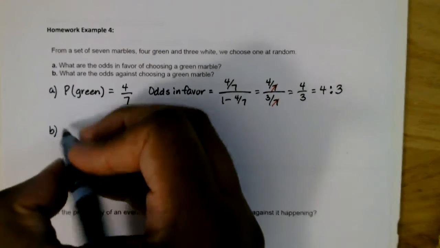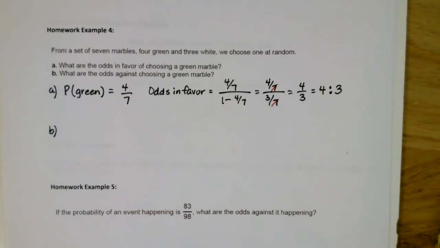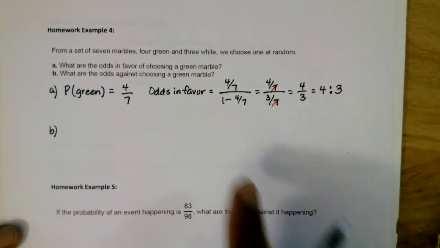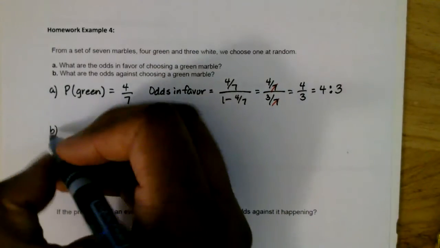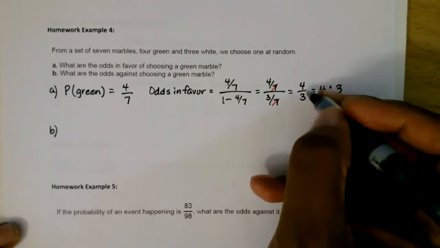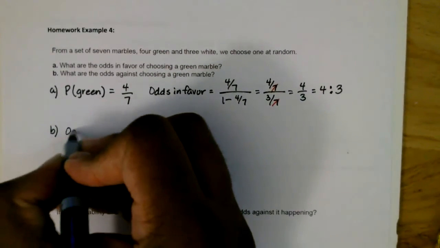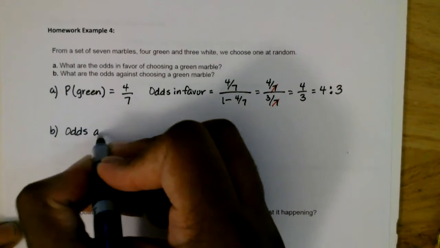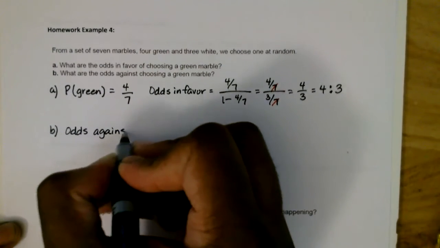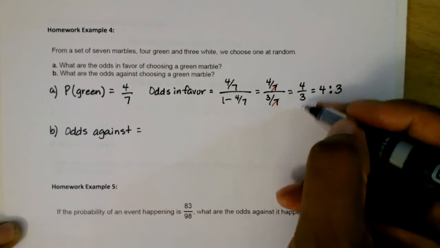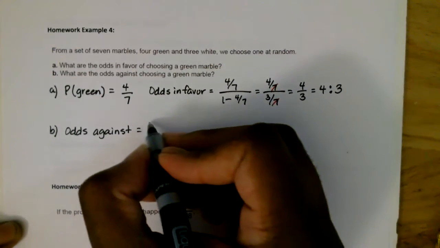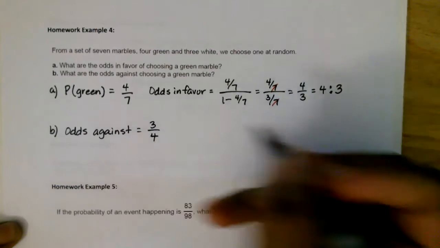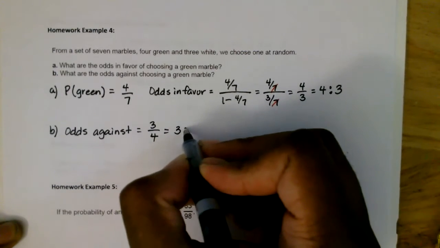Now in part B, we want the odds against choosing a green marble. Well, if I know the odds in favor of choosing a green marble are 4 for 3, the odds against choosing a green marble would be just the reciprocal of 4/3, which is 3/4, or in this case, 3 to 4.